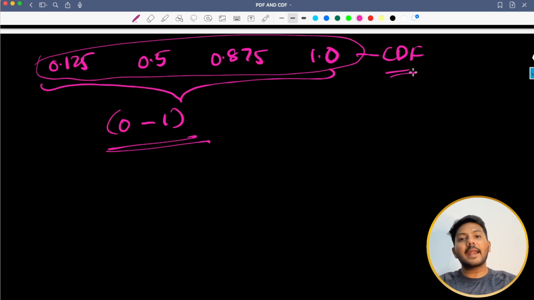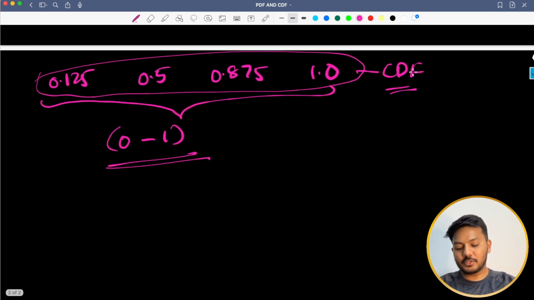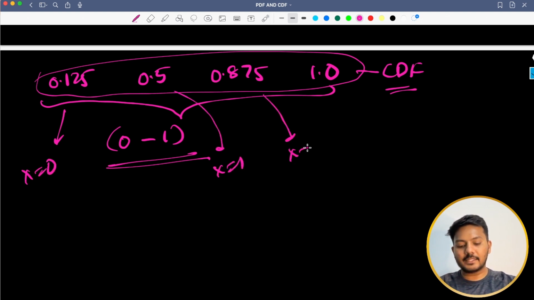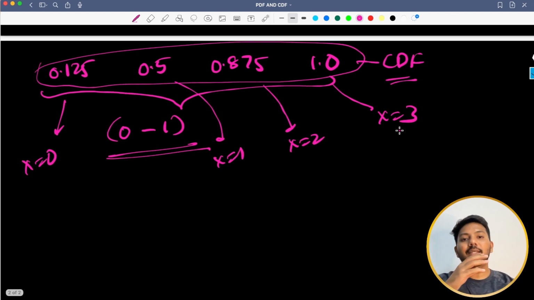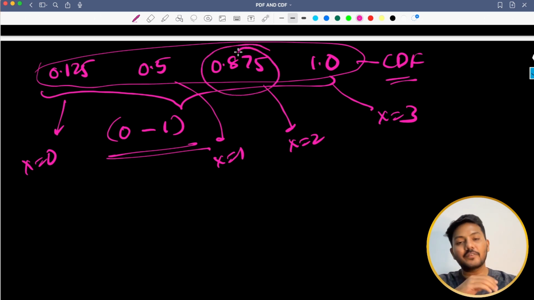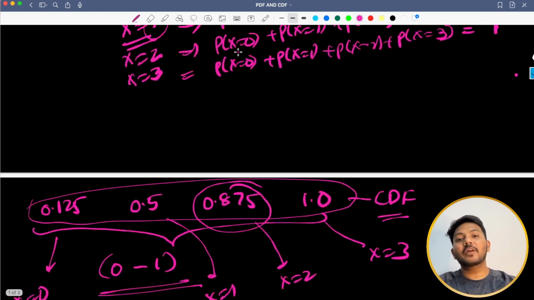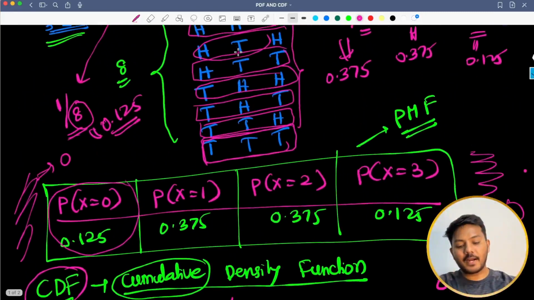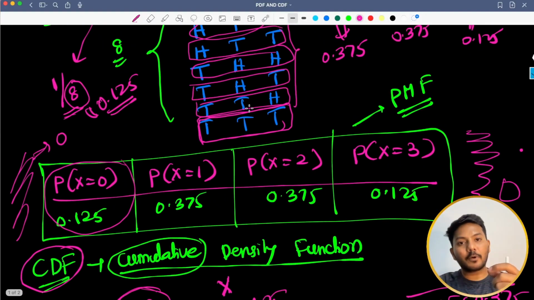Clear? And let's understand the intuition of it. This is for x equal to 0, and this is for x equal to 1, x equal to 2 and x equal to 3. So what is the meaning? What is the probability of having less than or equal to 2 heads when you toss 3 coins? That is this cumulative probability, which is 0.875. But when we talk about the PDF in the first part, it is the probability of having exactly 2 heads.